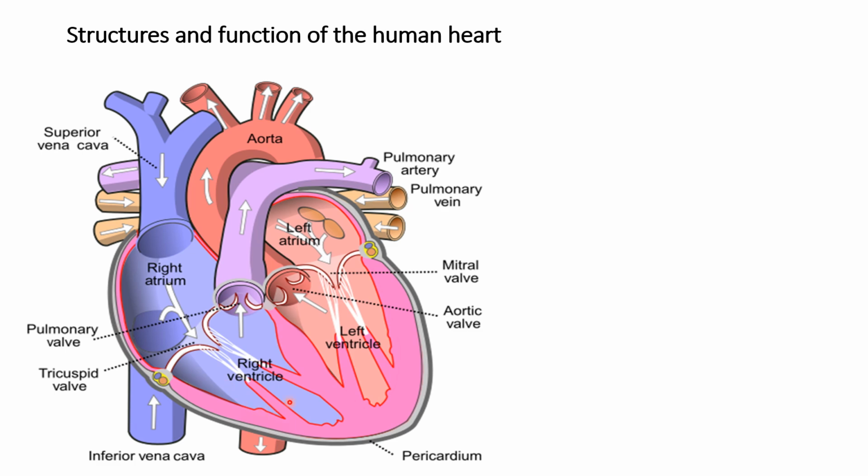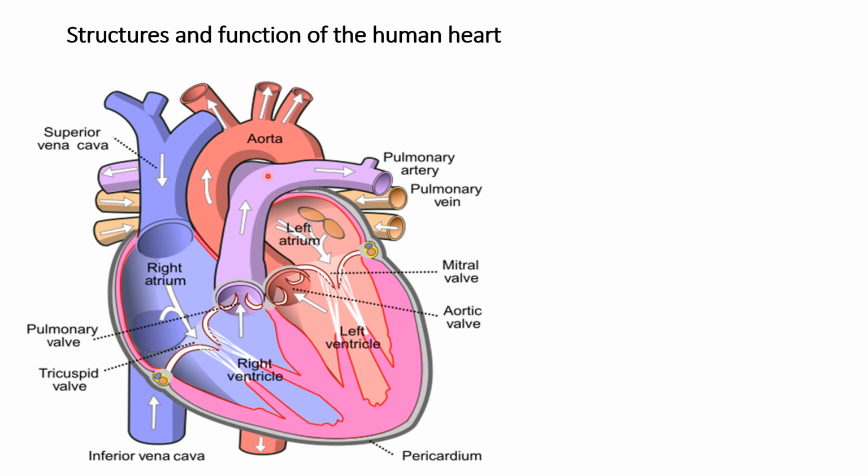Then we have the right ventricle, which receives deoxygenated blood from the right atrium and also contracts to push this deoxygenated blood through the pulmonary valve into the pulmonary artery so that it can be taken to the left and the right lungs for oxygenation and for cleaning, that is releasing of carbon dioxide.